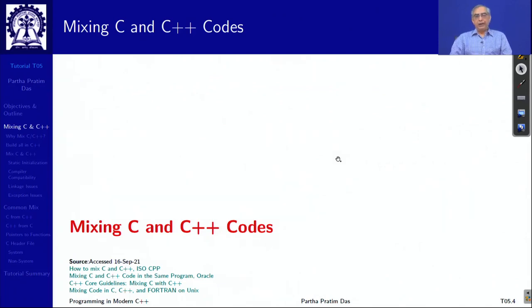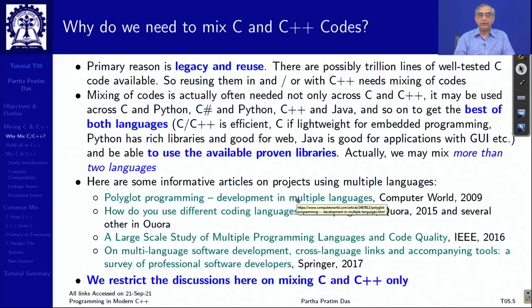First, let us look at the different aspects of mixing C and C++ code, starting with why at all we need to mix. The primary reason for mixing C and C++ codes is legacy and reuse.